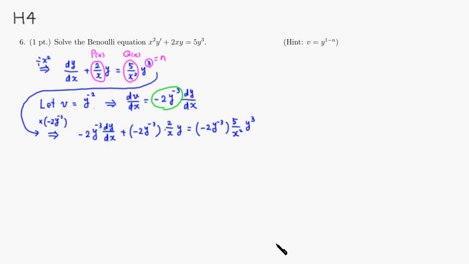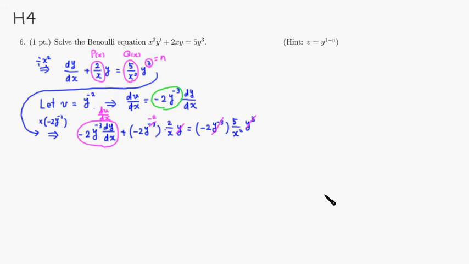Let's simplify as much as possible. You can see that y cubed and y to the negative 3 cancel out each other, and this whole thing on the left is the same as dv over dx. Then we just have to cancel y, and this is going to be negative 2 power.